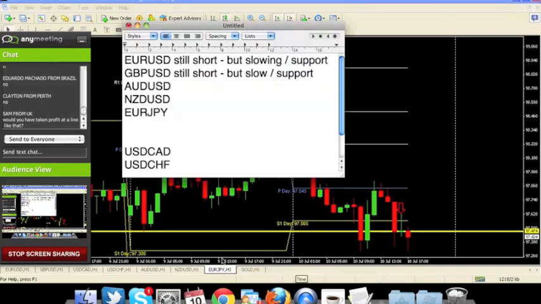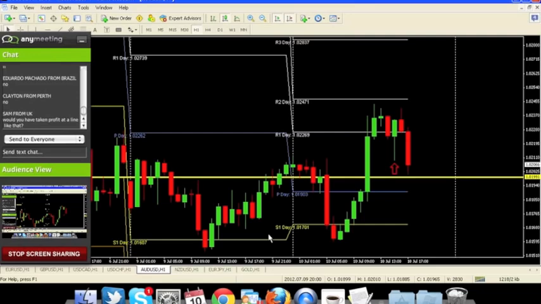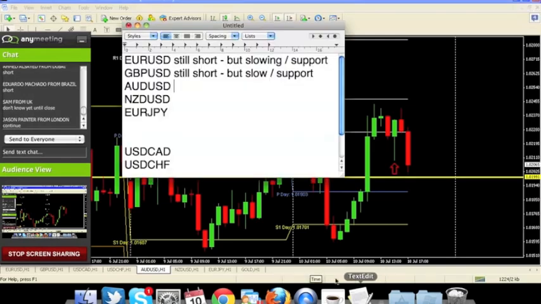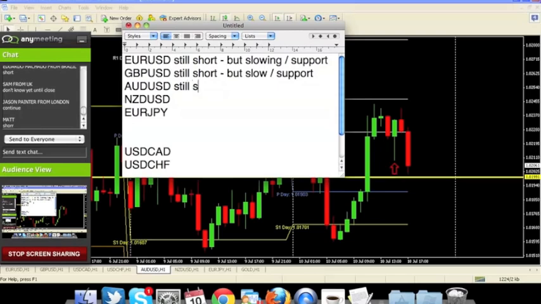Now, moving on forward, we were looking at Aussie dollar. Sorry about that. We're looking at Aussie dollar. Is this an exhaustion? Or is this a pattern that you think the market will continue short? Okay? Good. It looks still short.